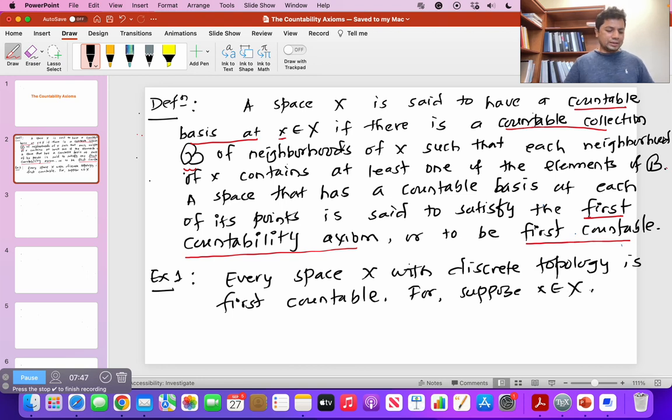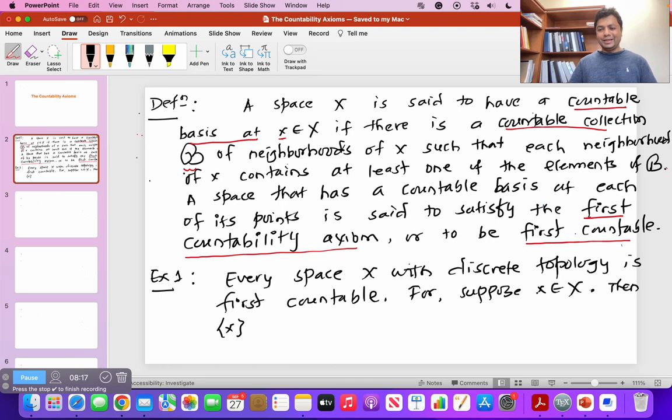And we know that in discrete topology, the singleton sets are open, and this singleton set is also a neighborhood of x, because a neighborhood of a point means an open set containing that point. So obviously this is an open set and also contains x.